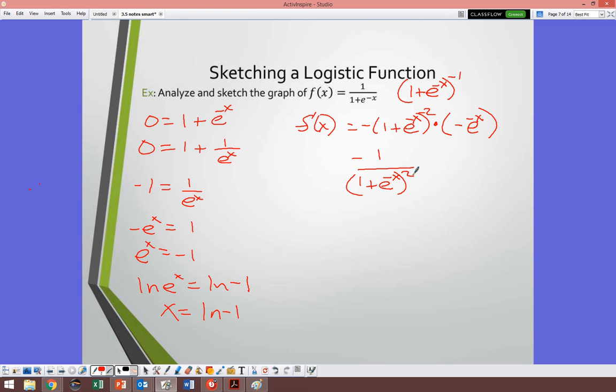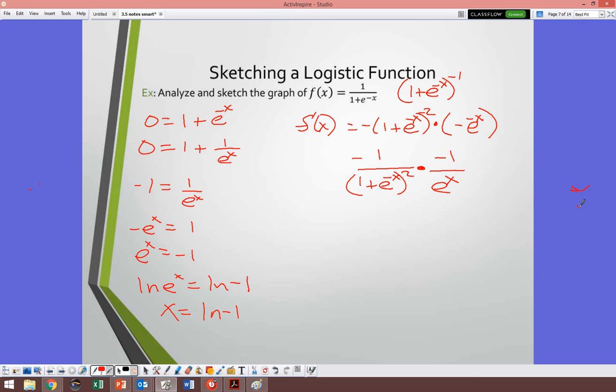You sure you want to do chain? Yeah. Times negative 1 over e to the negative x, because it's already in the bottom. So right there, I moved it down, right? So it becomes 1.